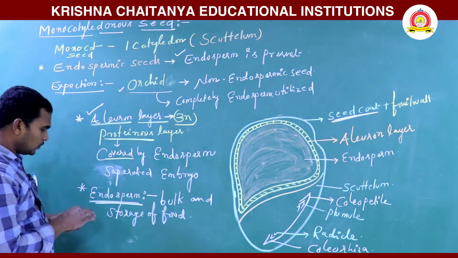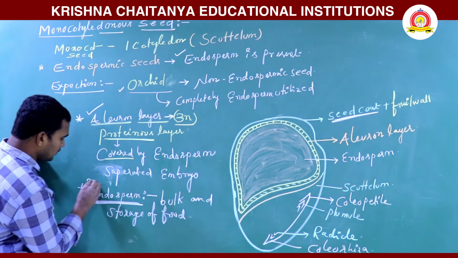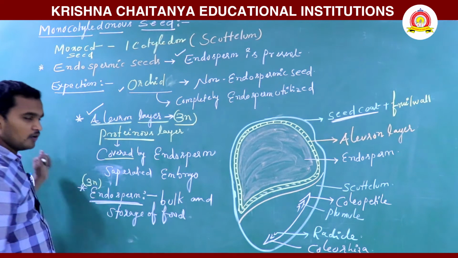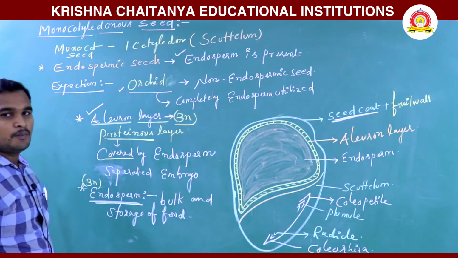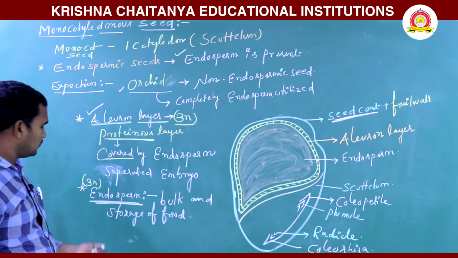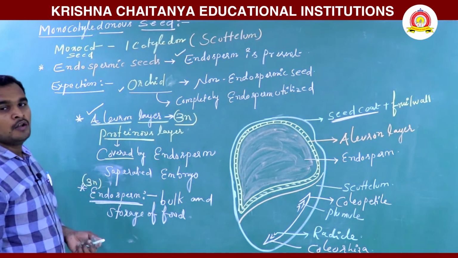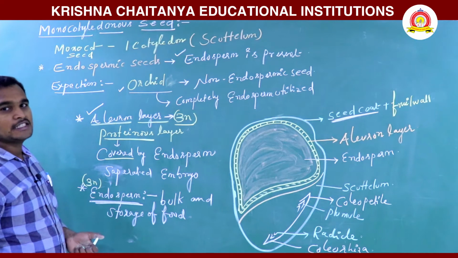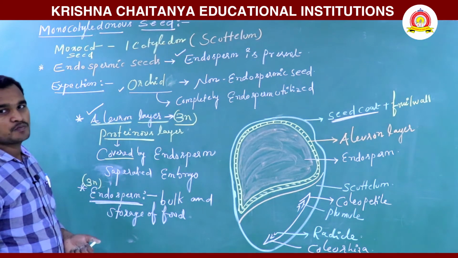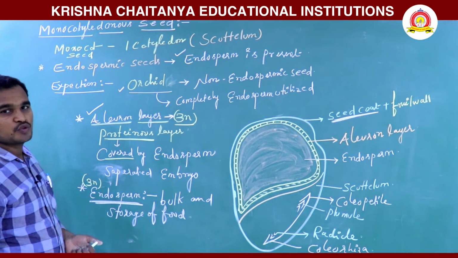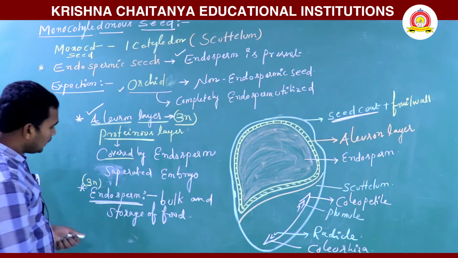So it is also triploid in nature; it is the result of triple fusion. One male gamete fuses with the polar nuclei and is converted into the primary endosperm nucleus, which then develops into the endosperm.